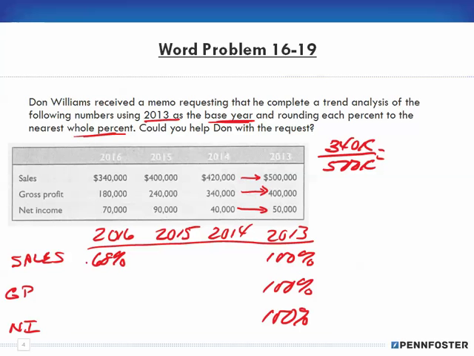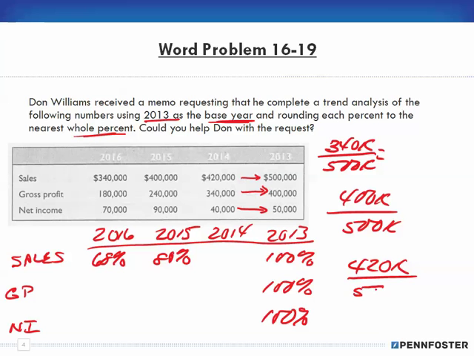We take 400 divided by 500, and that gives us 80%. And we take the 420 and divide that by 500,000, and that gives us 84%.